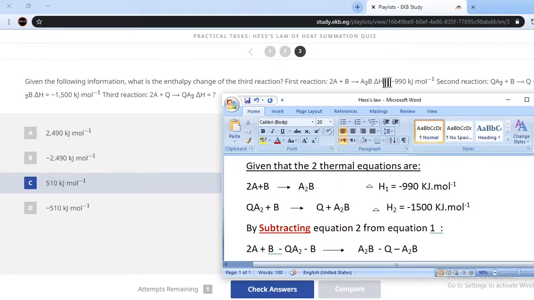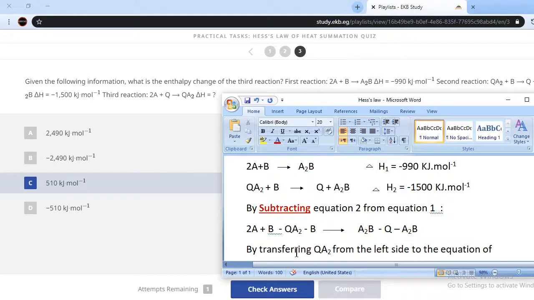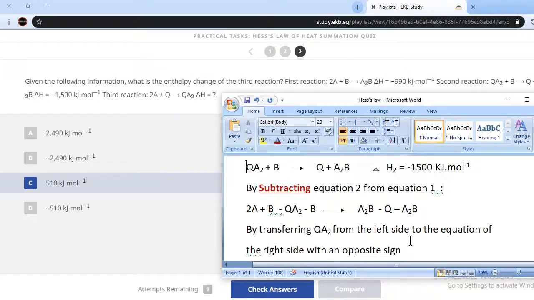These two equations are already given. By subtracting equation 2 from equation 1, I will subtract the reactants from the reactants, and I will subtract the products from the products. So here is the reactant 2A plus B minus QA2 minus B, and the product A2B minus Q minus A2B.